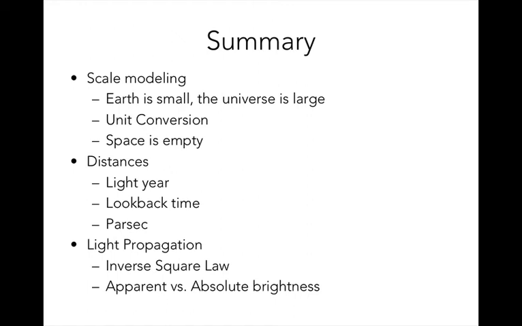We use this idea to distinguish between the apparent brightness of an object and its absolute brightness. We will use all of these concepts: scale modeling, look-back time, light years, parsecs, inverse square relationships, the propagation of light, and the difference between absolute and apparent brightness in the rest of this course, in order to understand light that's emitted from objects.